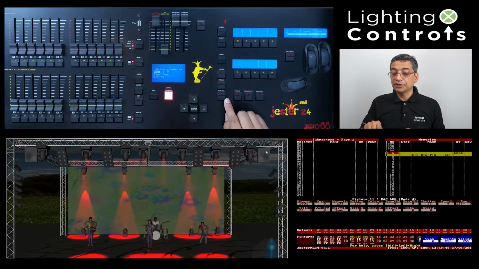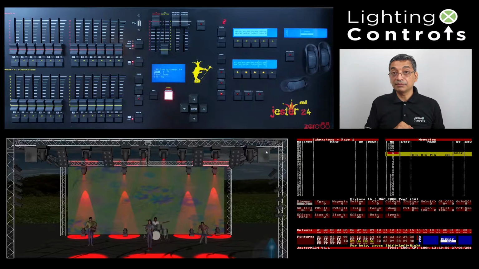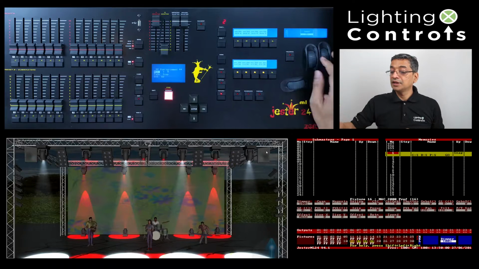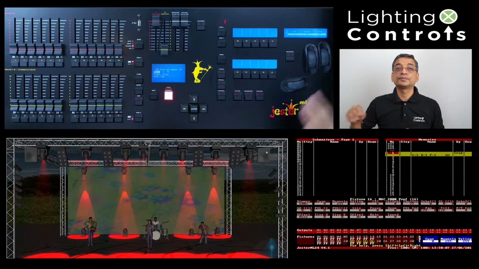Next, we will go back to fixtures, unselect those MAC 600s, select the MAC 2000s, home those fixtures, and go to color and do the same. Okay, bring up the magenta and the yellow.